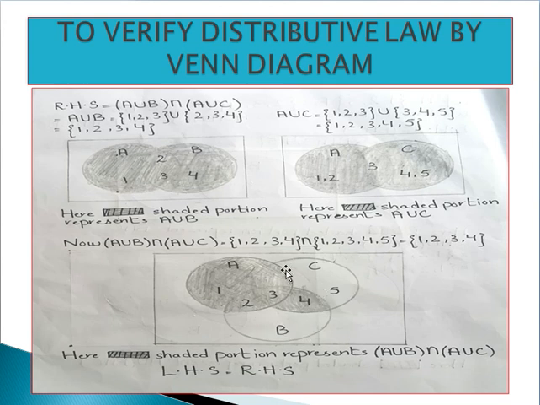So students, these circles are overlapping, and this shaded portion shows our result, that is 1, 2, 3 and 4. So students, it means both results of our sides are the same. It means left hand side is equal to right hand side.